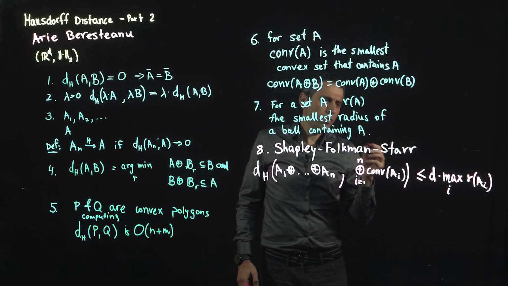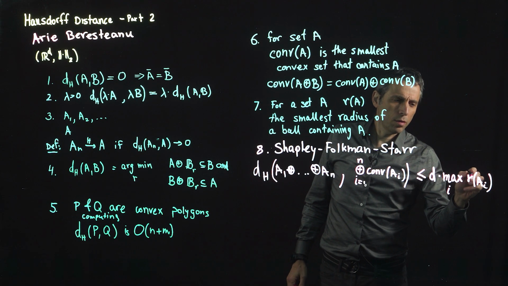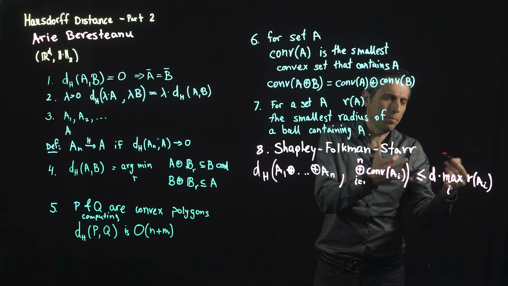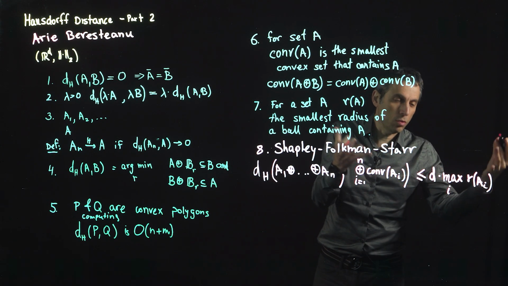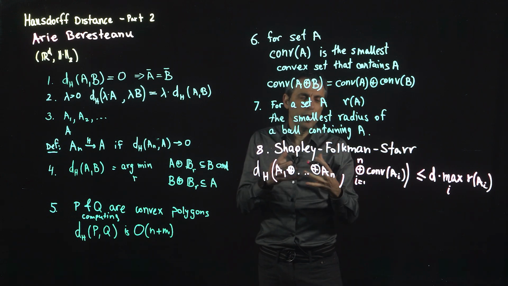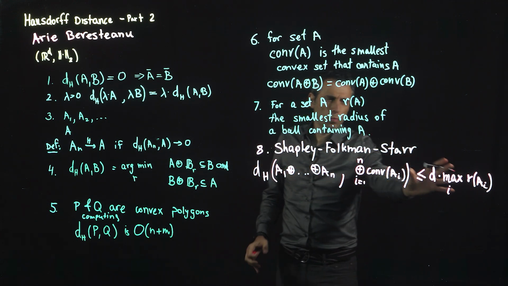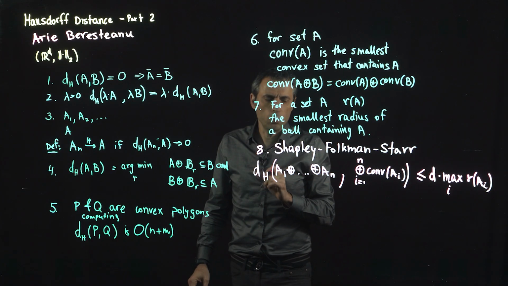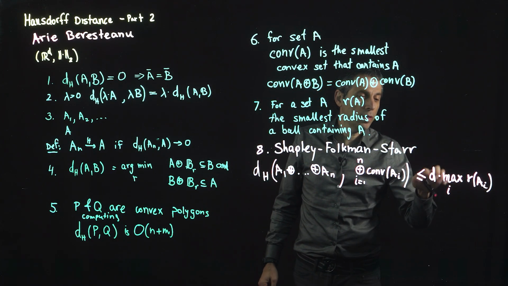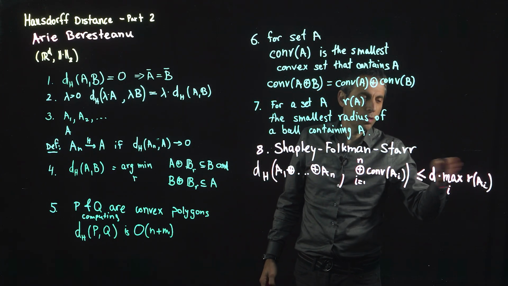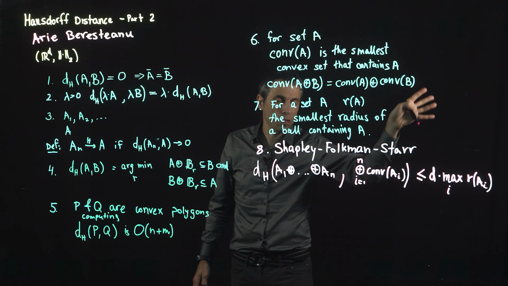Okay, and in fact, as I said, there are less generous upper bounds than that. But I want to make a point, and that will be enough for me to do. It's enough to sum the d biggest radiuses, but I said d times the biggest one.